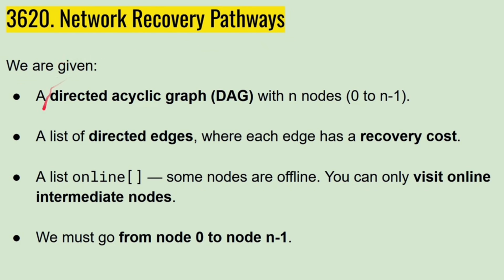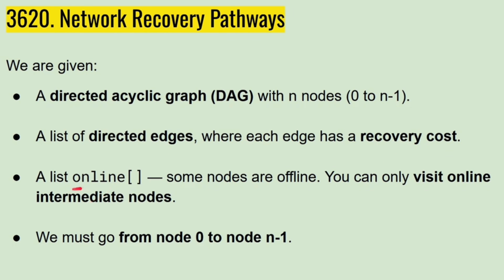That is, we are given a directed acyclic graph, called a DAG, and the nodes we have are n nodes, meaning 0 to n minus 1, right? And we have given a list of directed edges where each edge has a recovery cost.